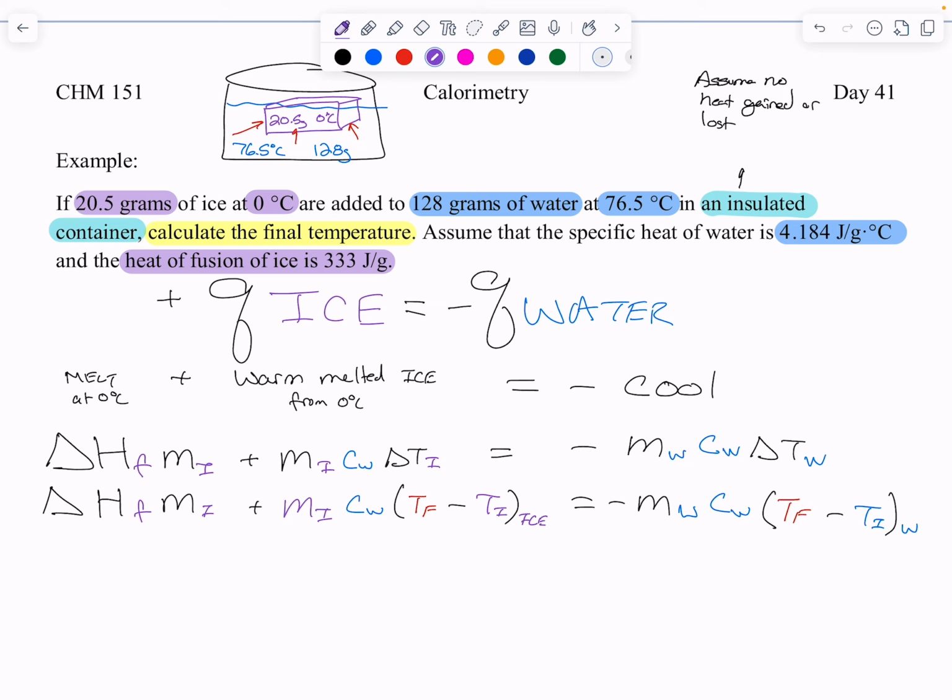We're going to dive in. Delta H_F, heat of fusion, 333 joules per gram, times 20.5 grams, excuse me, 20.5 grams, plus 20.5 grams.